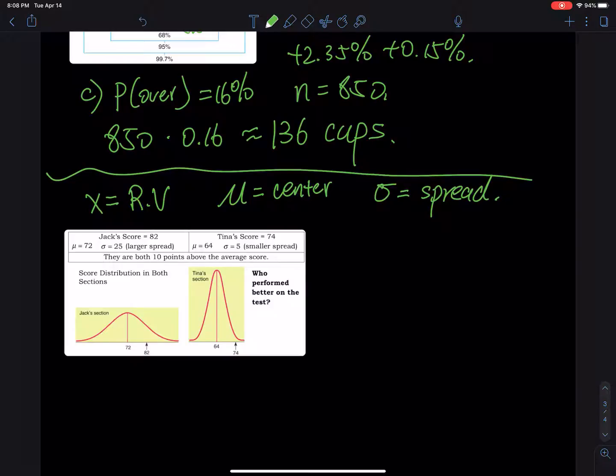82 and 74. Now, to make a comparison, you don't just compare 82 and 74. You have to compare your score to everybody in the class. Who did better in their class?